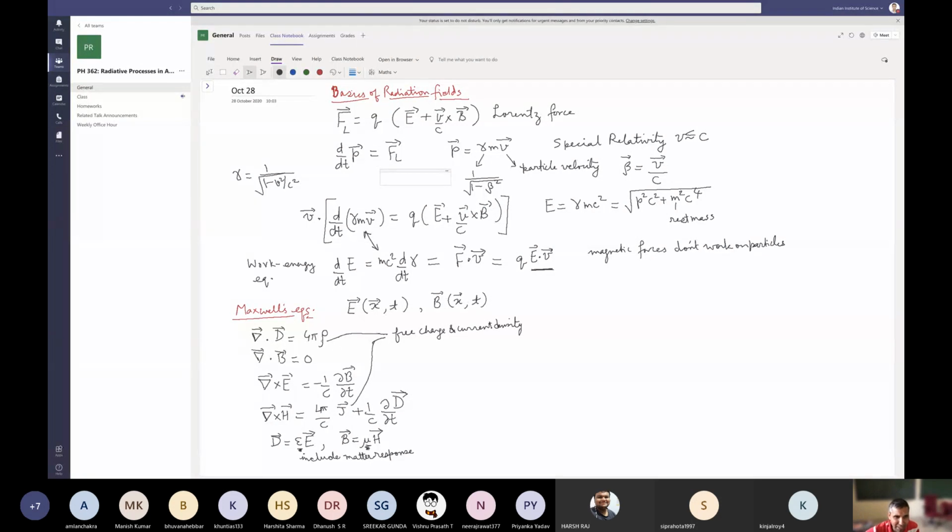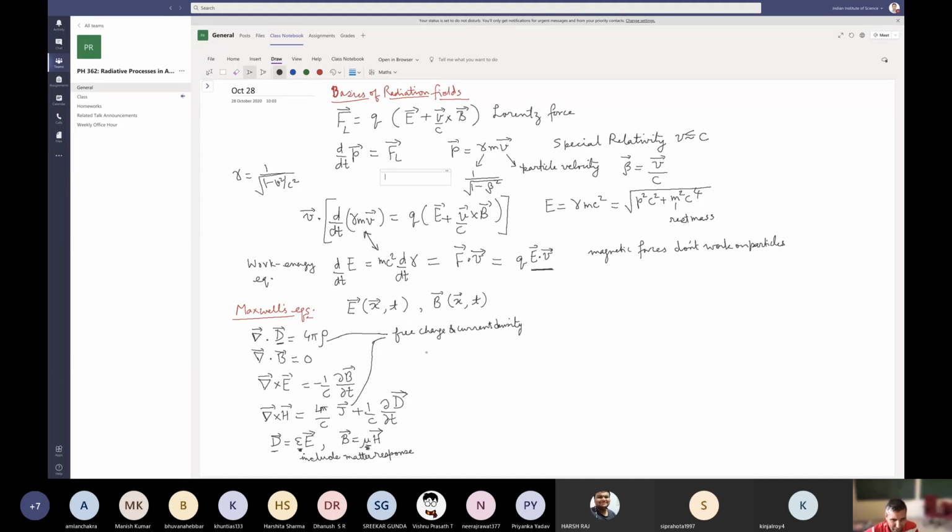That response of the material is taken care of by constructing this D, and this is where the dielectric constant goes. But rho and J are free charges and free currents. You can also include those polarization charges and induced currents on the right hand side. There are two ways of looking at the same thing. This is just a review of a little bit of electrostatics and magnetostatics.